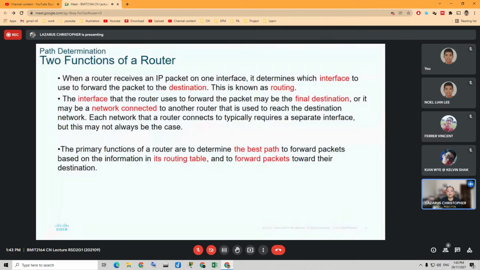Right. So let's recall the functions of a router. In general, we say that the router forwards packets, right? And usually the router uses a routing table. Okay, on the routing table, there's information where networks are mapped to interfaces of the router. Now, this is true, as I mentioned before, for directly connected networks. Okay, and the router also needs to know about remote networks.